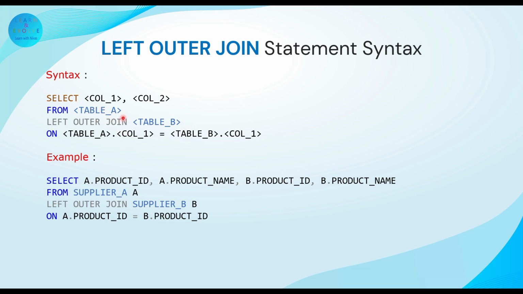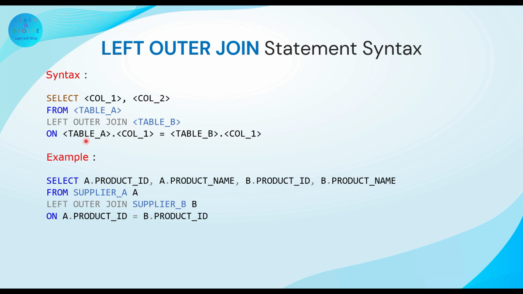The main thing to note here is that after the from statement, whatever table name is given will be treated as the main table, and after the left outer join syntax, whatever table is given is the right table. If you swap the tables, the output will be different.